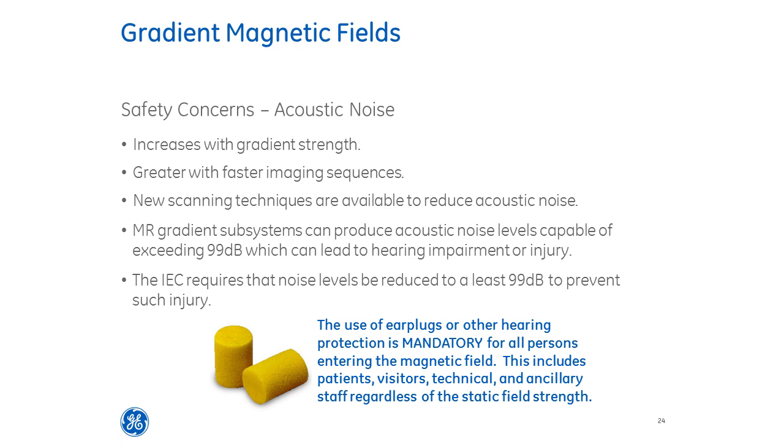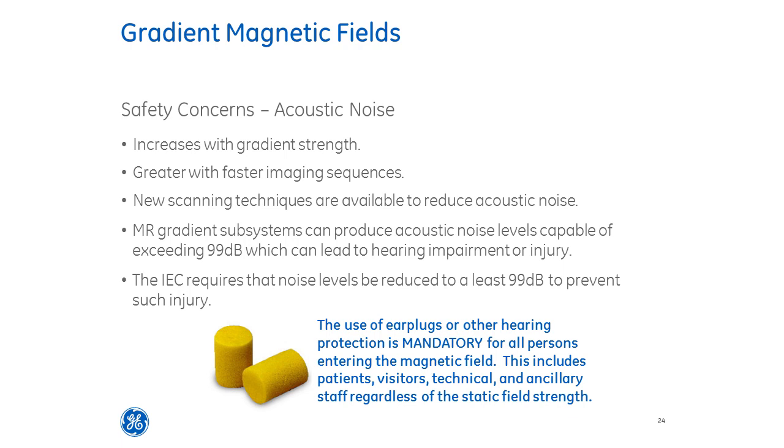Some MR scans have acoustic sound levels that exceed 99 decibels and have the potential to lead to hearing injury or impairment. The IEC requires that noise levels be reduced to at least 99 decibels to prevent such injuries. Even with the advent of new scanning techniques, it is important to note that our safety guidelines have not changed, so hearing protection is still a part of the recommended procedures.